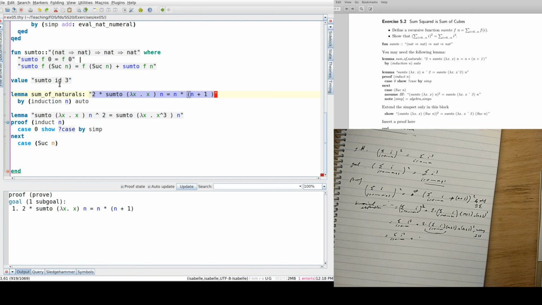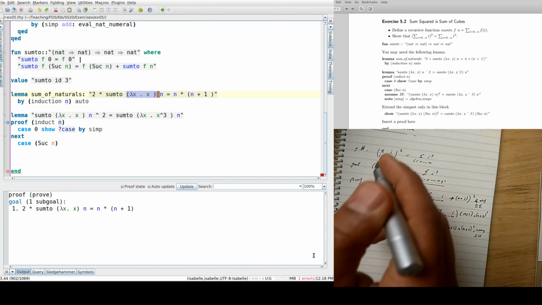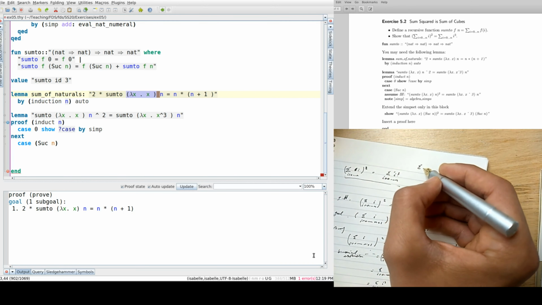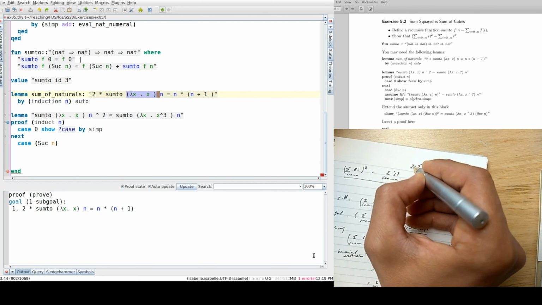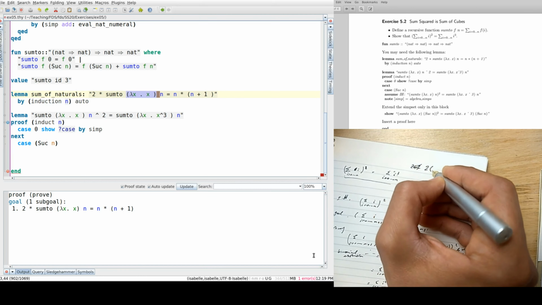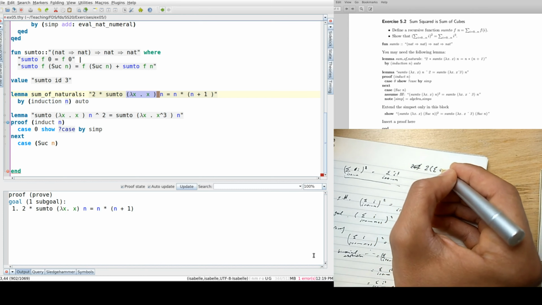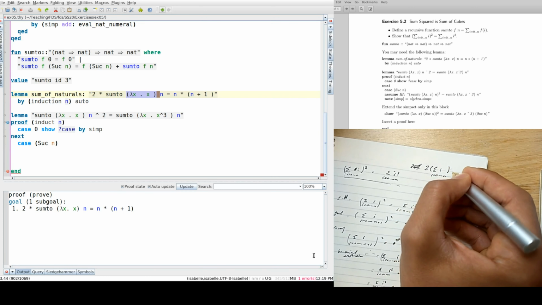So the lemma says that effectively the summation of 2 times the summation of i from i equals 0 to n equals n times n plus 1.